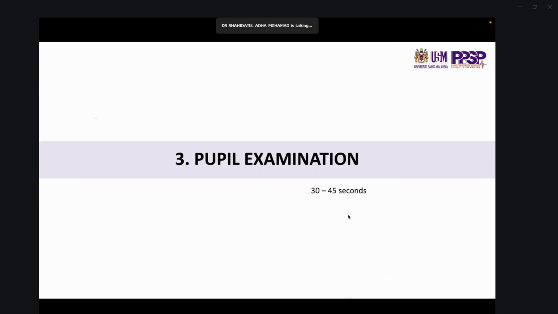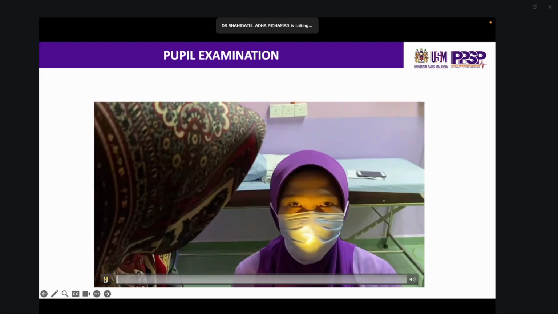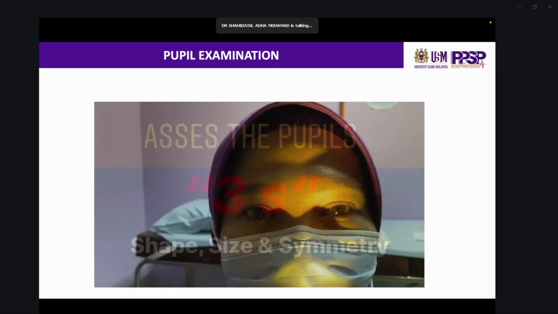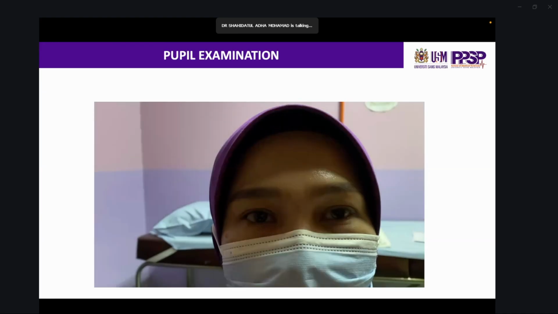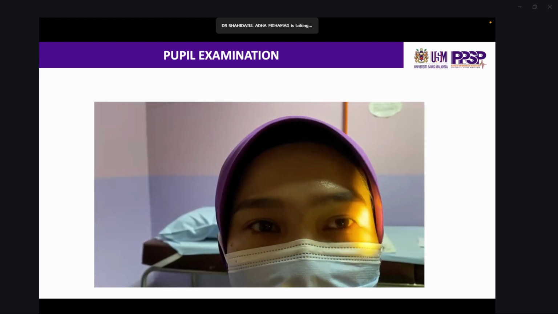Right. Now we move on to the pupil examinations. So let's have a look at this one. For pupillary examinations, you need to assess 3S, which is the symmetry, size, and shape.